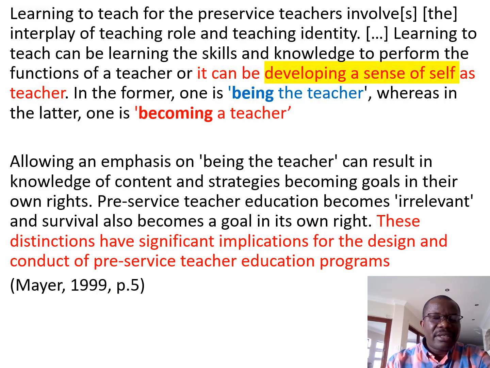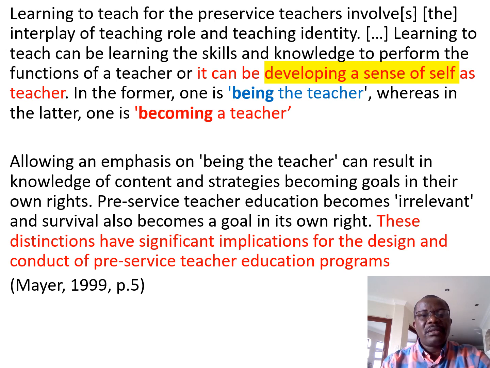I particularly like this quotation by Meyer, and if you permit me, I would like to read it. Learning to teach for pre-service teachers involves the interplay of teaching role and teaching identity. Learning to teach can be learning the skills and knowledge to perform the functions of a teacher, or it can be developing a sense of self as teacher.